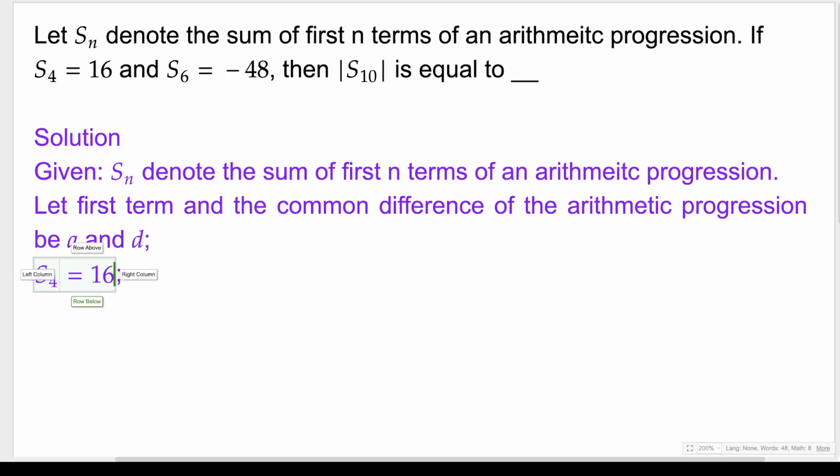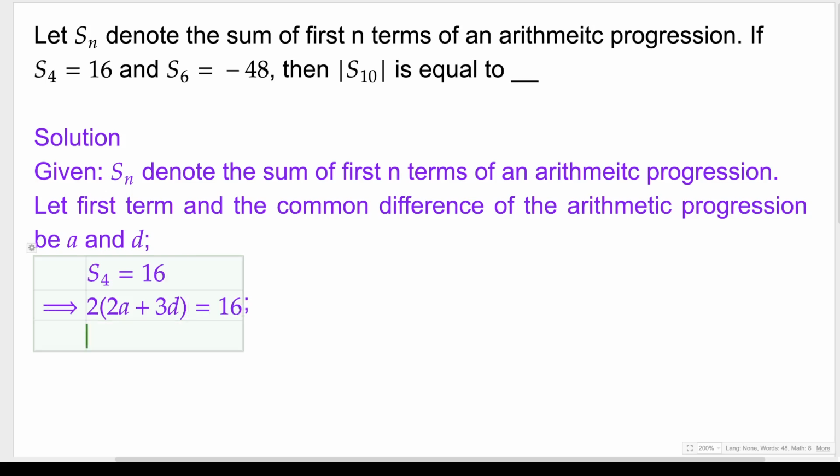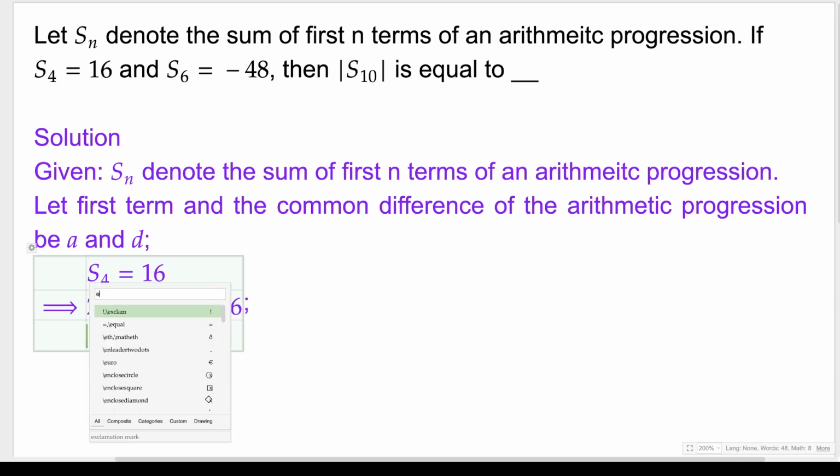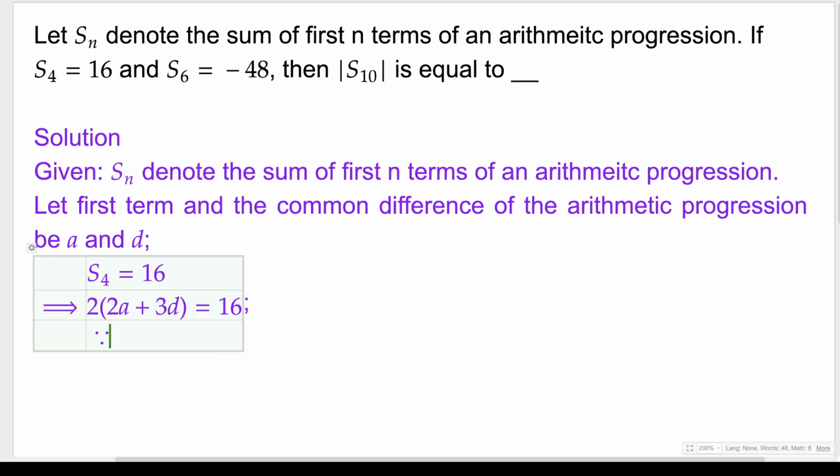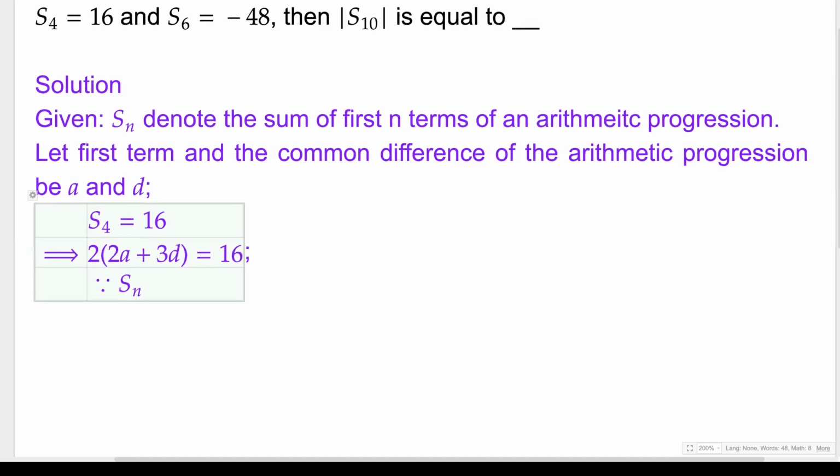So from this we can definitely say that 4 over 2 times (2a plus 3 times d) will be equal to 16, because we are already aware that S subscript n represents the sum of the first n terms.